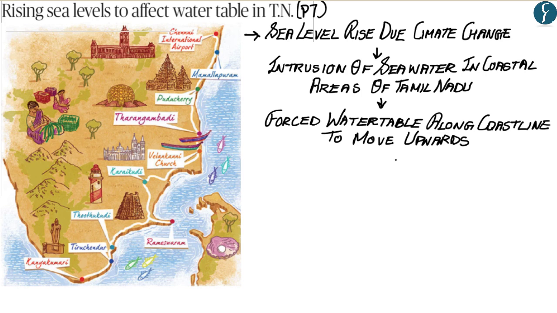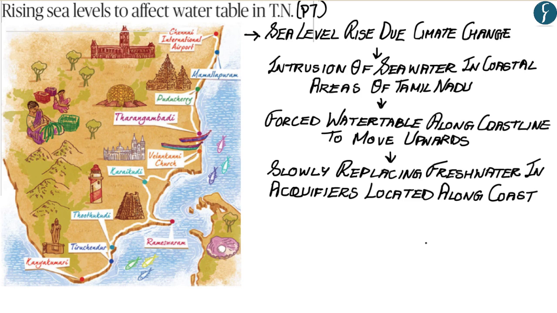Now, because there has been an intrusion of seawater in the coastal areas, what this has done is that it has slowly replaced the fresh water which is at the bottom of the aquifers which are located along the coastline of Tamil Nadu. Now, according to this article, this replacement of fresh water in aquifers with seawater along the coast of Tamil Nadu would rapidly lead to water distress along the cities which are located on the Tamil Nadu coast.